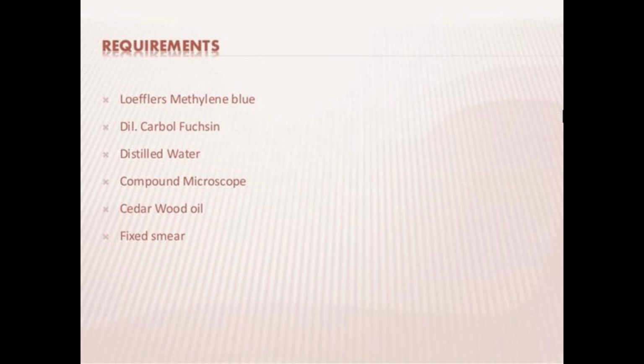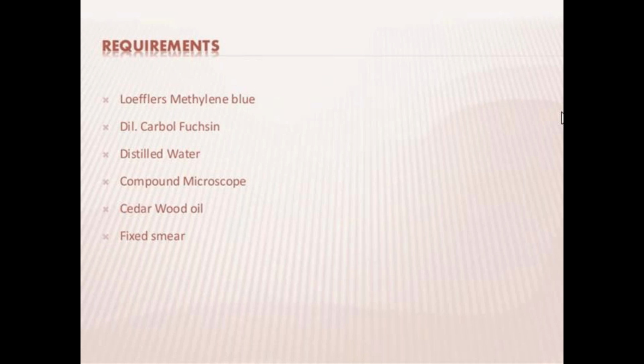Okay, and the requirements for simple staining, or the stains that are used for simple staining, are Loeffler's methylene blue, carbol fuchsin, crystal violet, and safranin, and these can be used for the visualization of simple structural arrangements present in microbial parts.